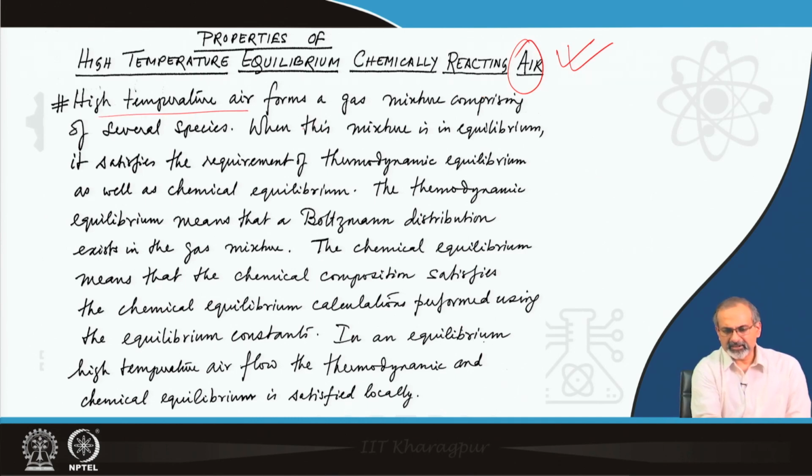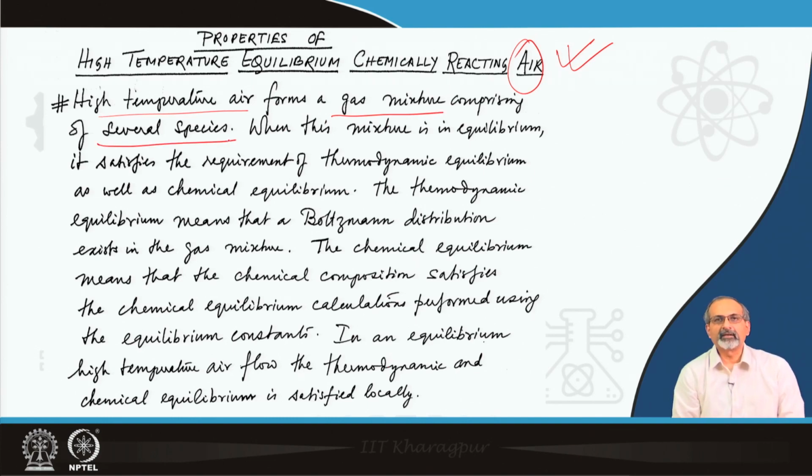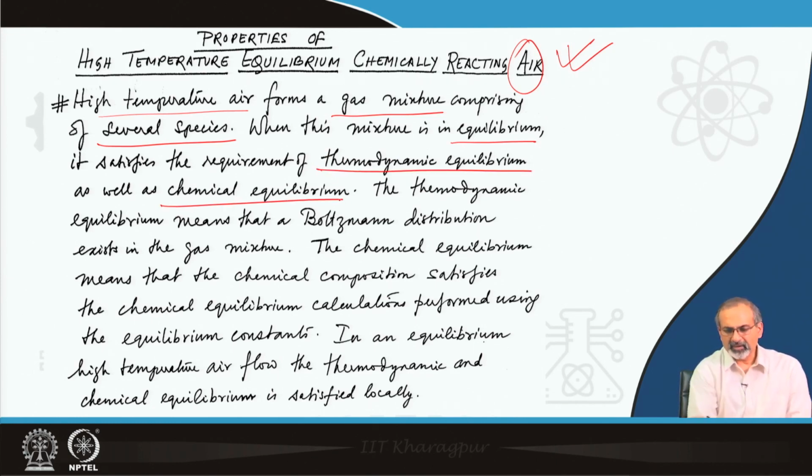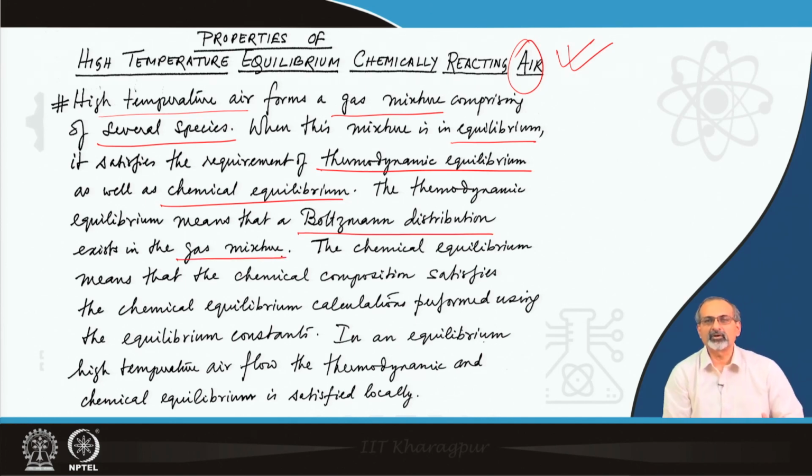Obviously, a high temperature air forms a gas mixture comprising of several species. We have been emphasizing it over several lectures, and when this mixture is in equilibrium, it satisfies the requirement of thermodynamic equilibrium as well as chemical equilibrium. The thermodynamic equilibrium has to mean that there is a Boltzmann distribution existing in the gas mixture, where the energy is quantized over different levels.